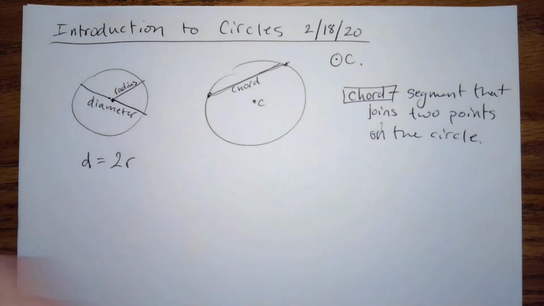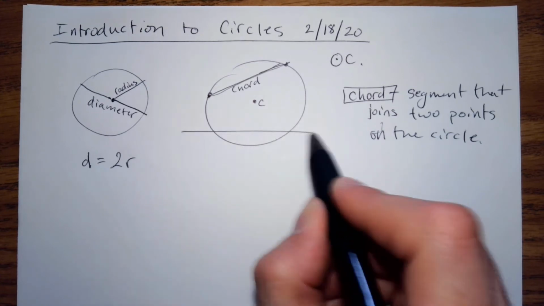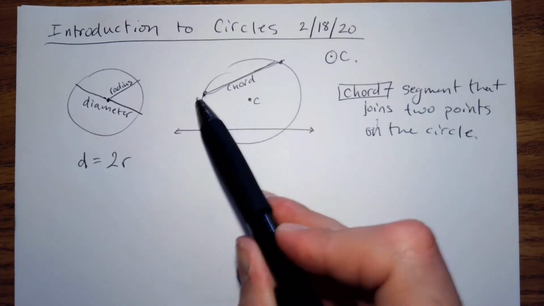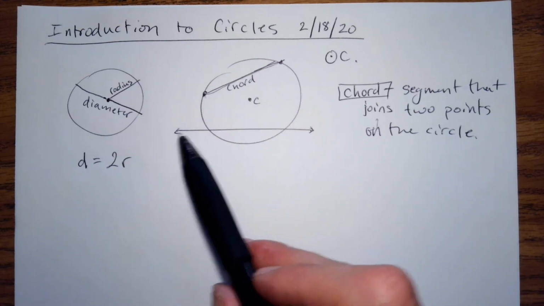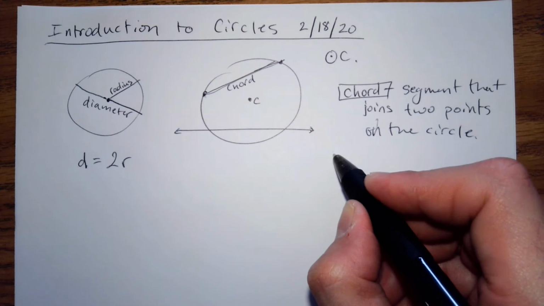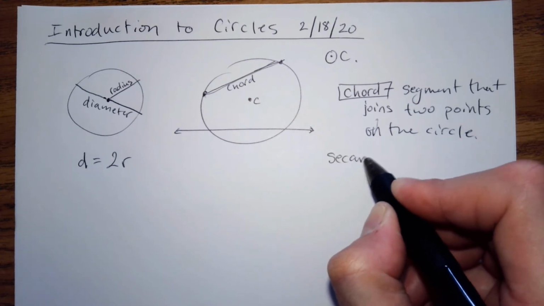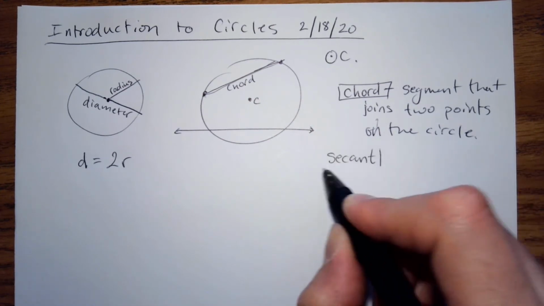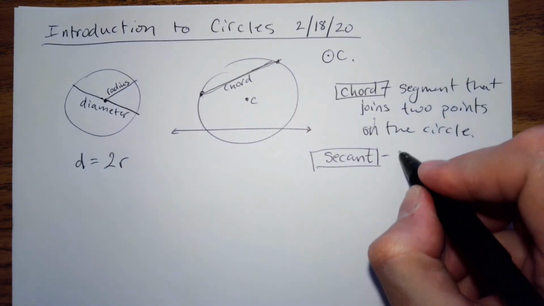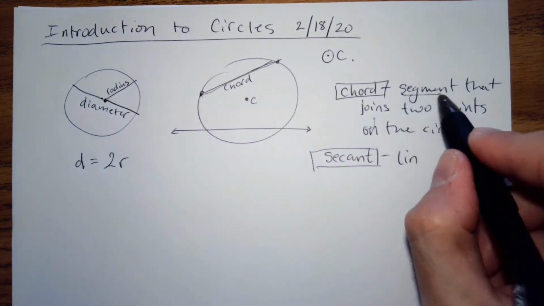A secant line is a line. So this is a segment. It has 2 endpoints. This is a line. It just keeps going on and on and on. This is called a secant line. So it's different than a segment.